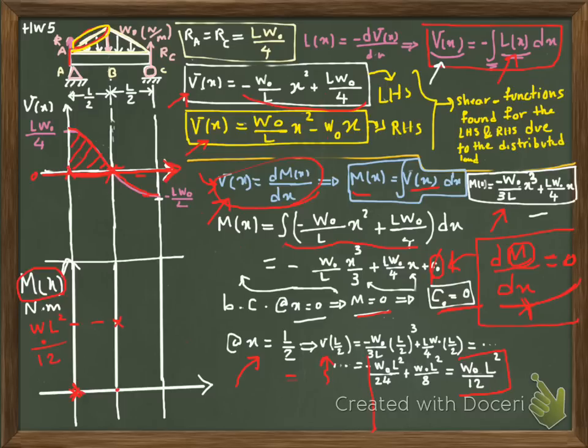That point, in this case at x equal to L over 2 in the middle, is where your maximum or minimum is located. It's really important. It means that if they are asking for the maximum, as soon as I find this number, which I found, that is my maximum moment.